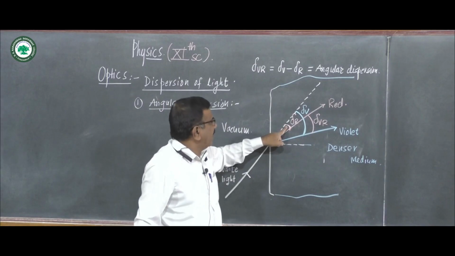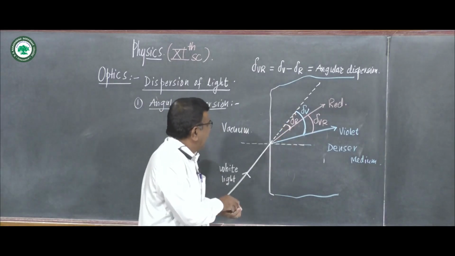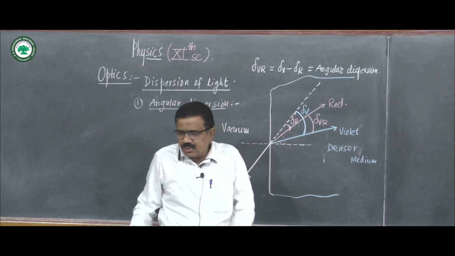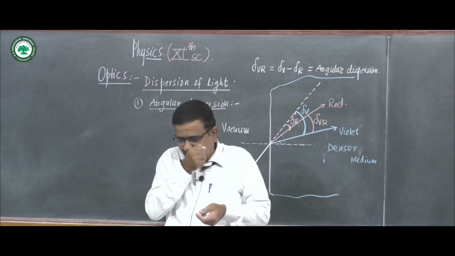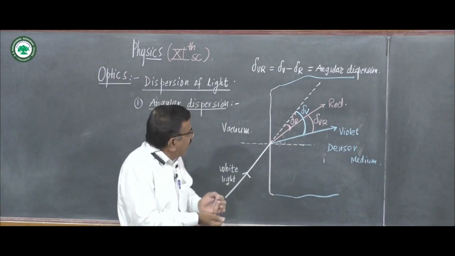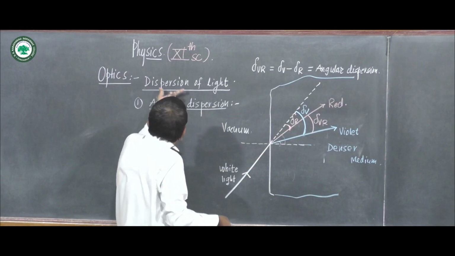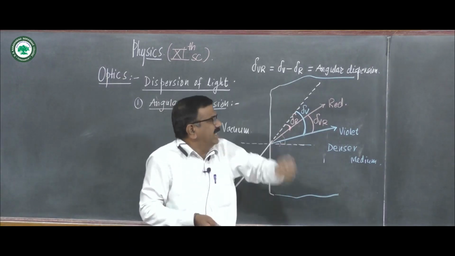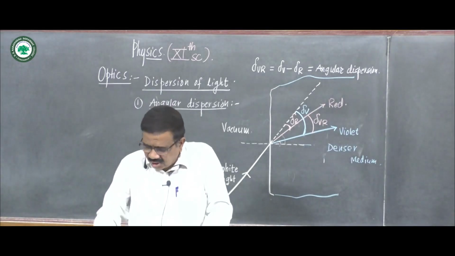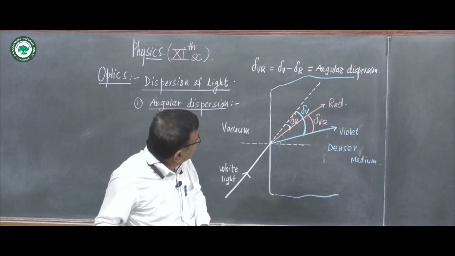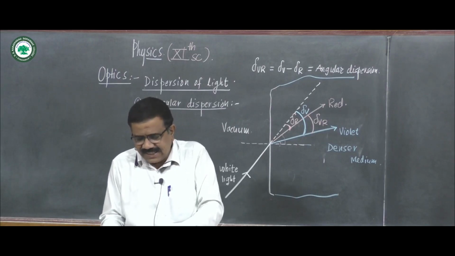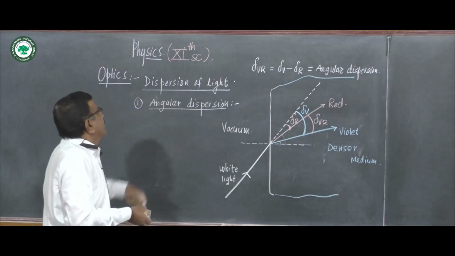Due to these different angles of refraction, they disperse and travel along different directions, and we call it dispersion of light. As it is measured in terms of angles of deviation, it is called angular dispersion. From the figure, it is delta VR, and it is delta V minus delta R. So this is the angular dispersion.